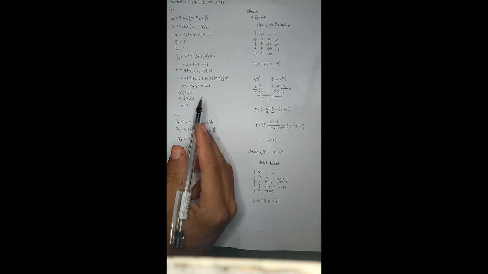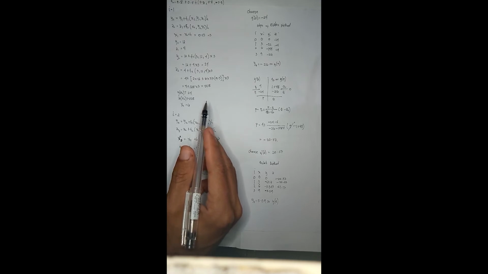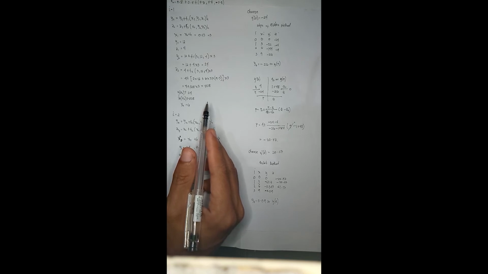y2 is equal to y1 plus f1 times (x1, y1, z1) times h. z2 is equal to z1 plus f2 times (x1, y1, z1) times h. x1 is equal to x0 plus h, which is 0 plus 3 equals 3.